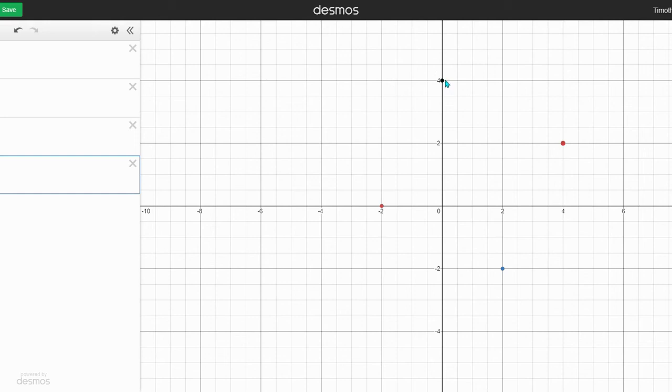Well, I know that that's parallel, so these two lines are definitely parallel. Let's find out about these ones. I'm going to go left 8, and 4. Again, 8 and 4. These are also parallel.